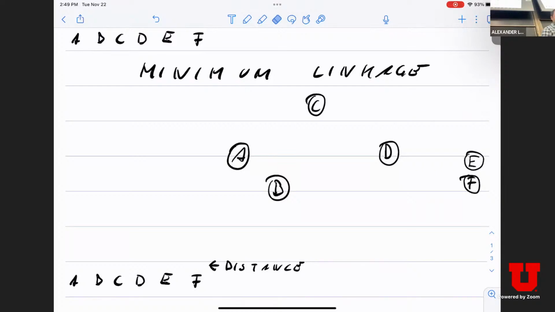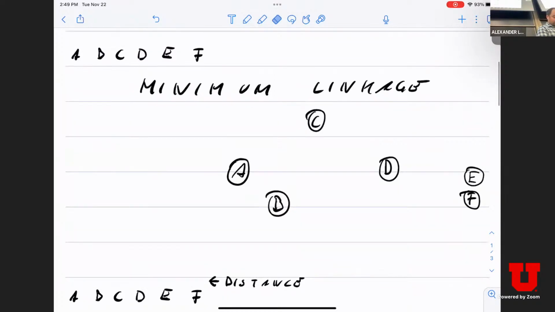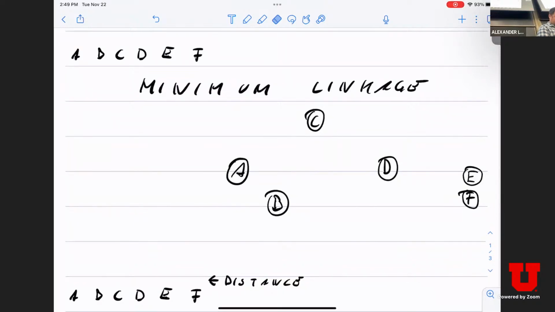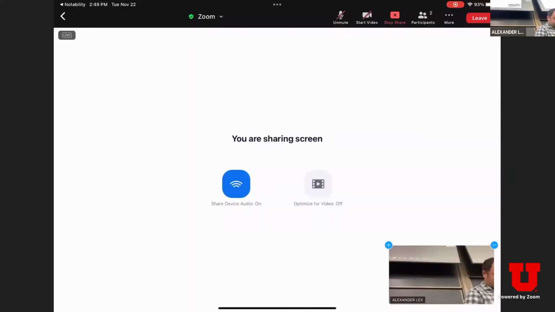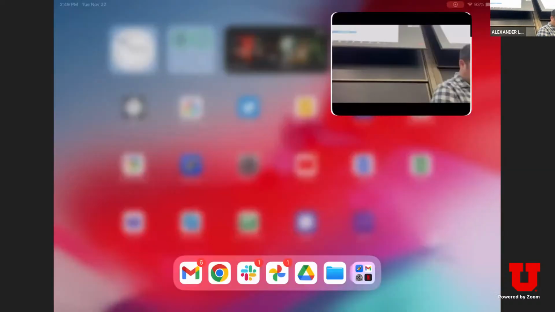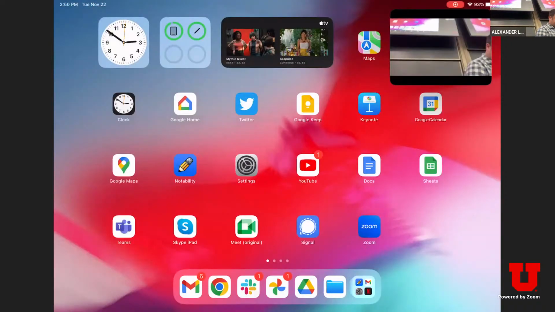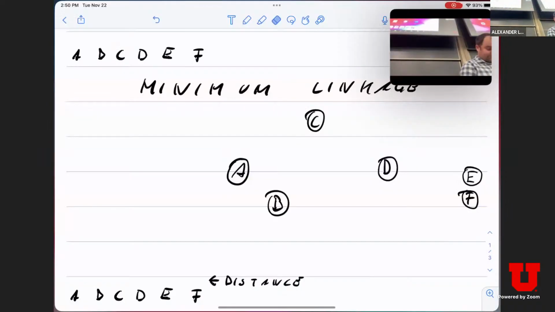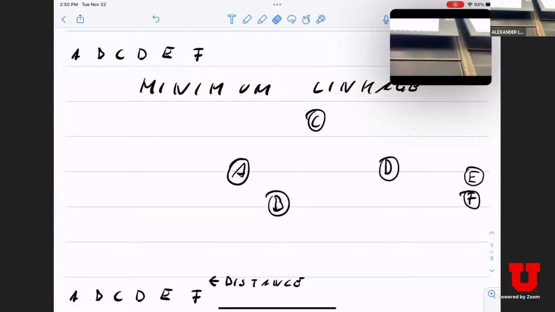So let's suppose I have these points here, and I want to do hierarchical clustering based on them, right?